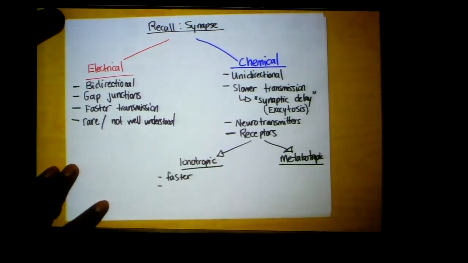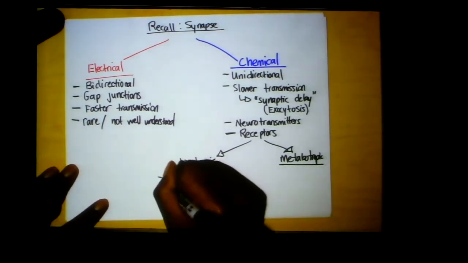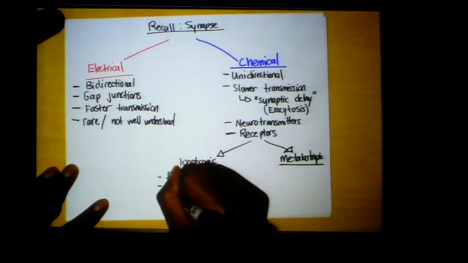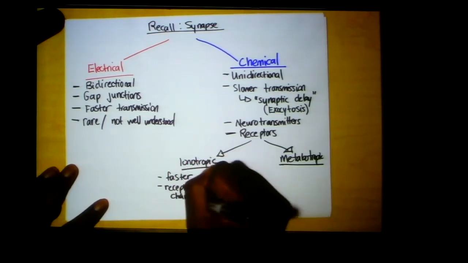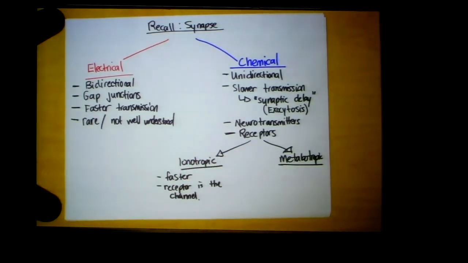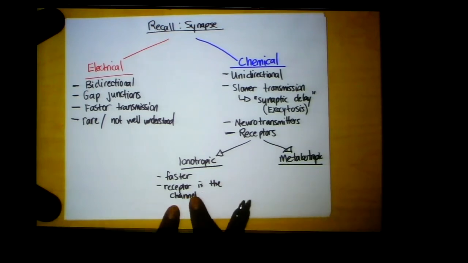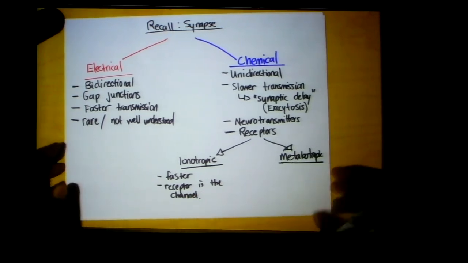Okay, and that was because the receptor is the channel, right? The receptor is acting as a channel. And so when a ligand, which in this case is our neurotransmitter, binds to that receptor, the receptor and the channel are one, there's no middleman in between, and so we immediately bring about that cellular response. So very quick process, very few steps or players involved, and so that becomes very quick, very fast.